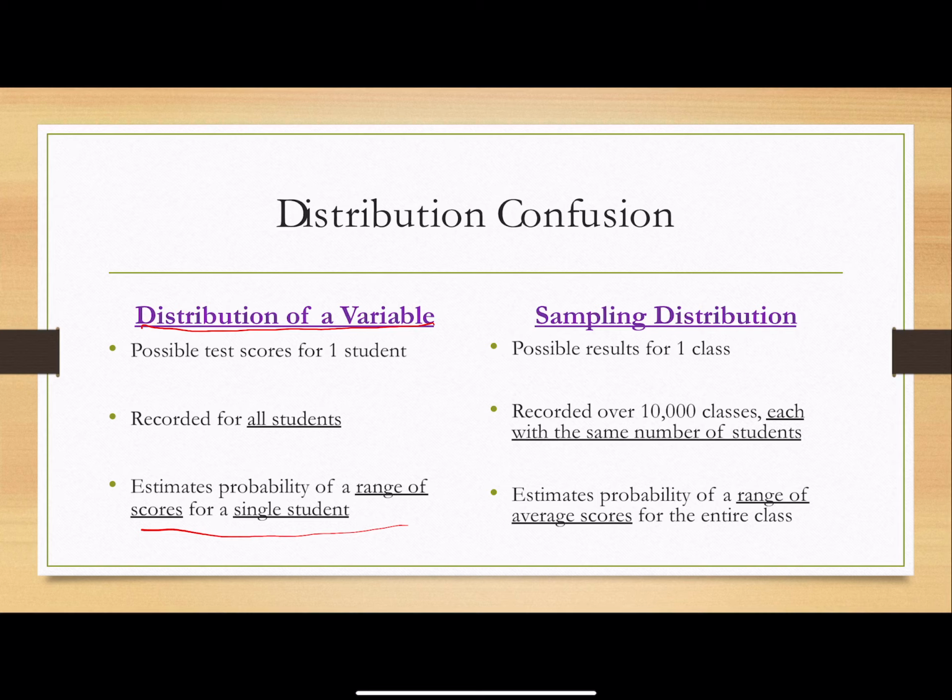On the other hand, in a sampling distribution, each data point is not one person, it's one whole class. And what we're trying to do is estimate what a whole class might do rather than what an individual might do. So if you were trying to predict what grade you were going to get, you would want to use this side of things. If you're trying to predict what's going to happen on a whole class average, we would use this side of things. So it really just depends on what your goal in doing your problem is.